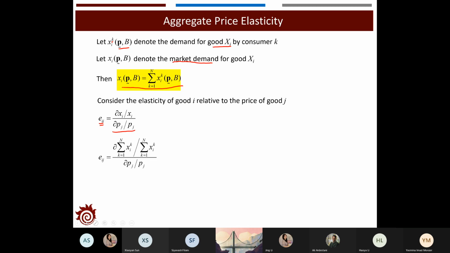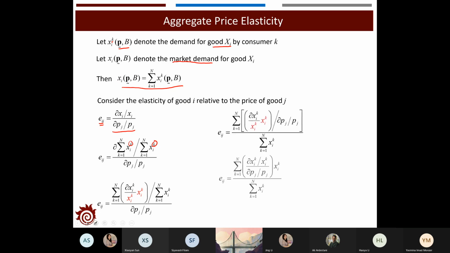Now we can make some further derivations by introducing the individual demand and doing some further analysis. Again, I'm going to skip the details of the derivation. Eventually, you can find a very simple equation.